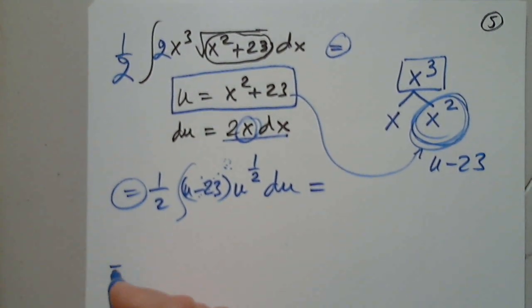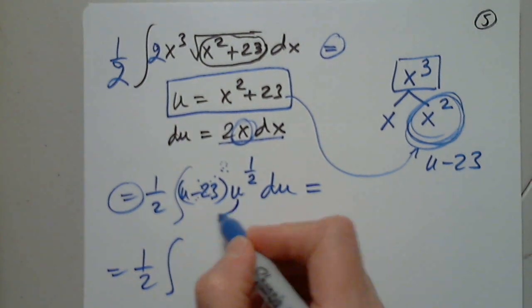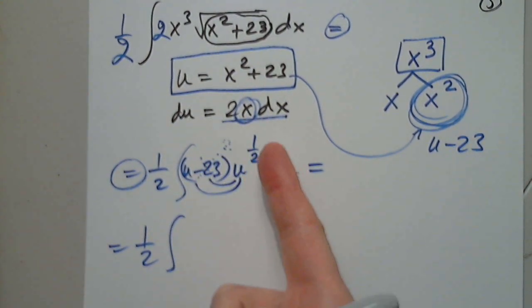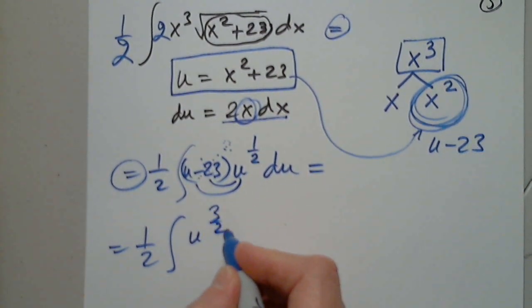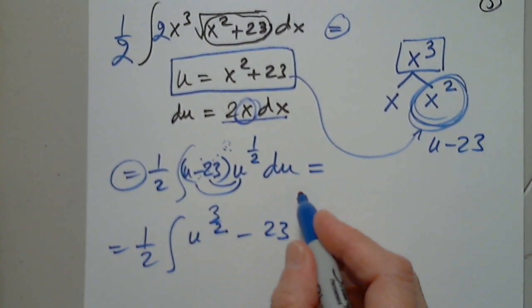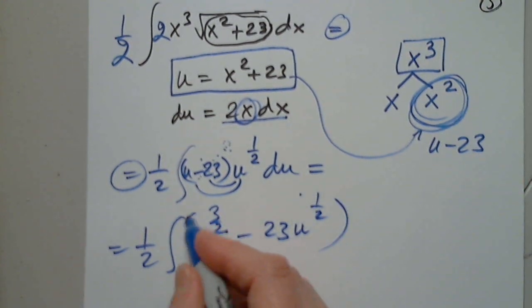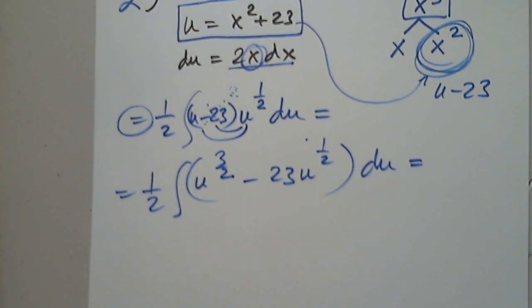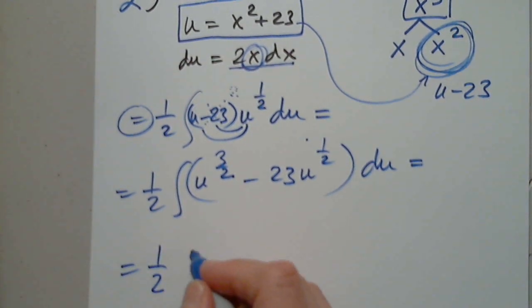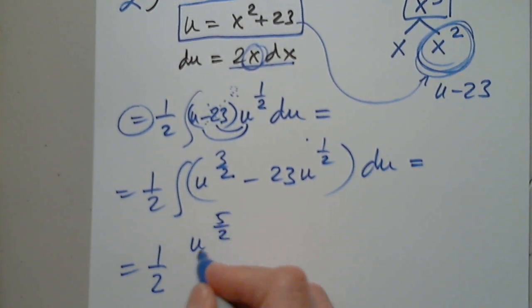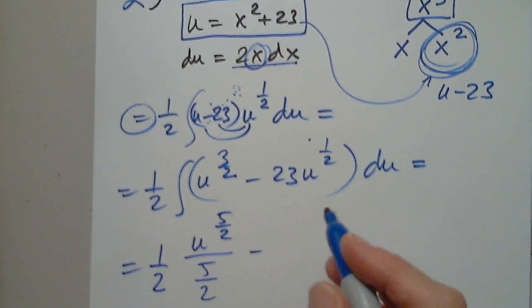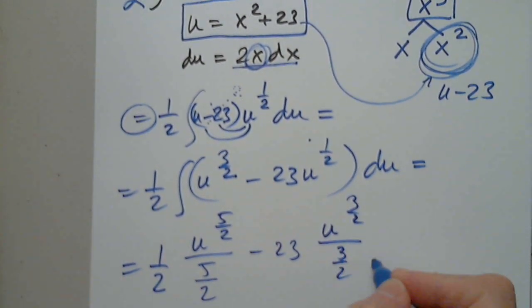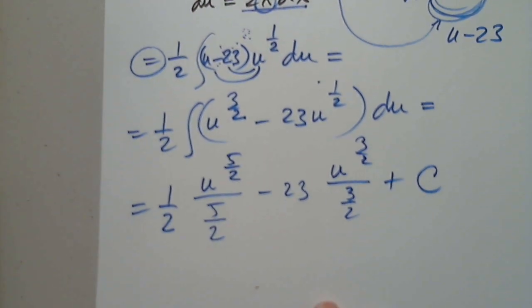Next, 1/2 in front, I have to distribute. U to power 1 plus 1/2 is u to 3/2, minus 23 u to 1/2 du. Now this is a piece of cake. 1/2 u to 5/2 over 5/2 minus 23 u to 3/2 over 3/2 plus a constant c.